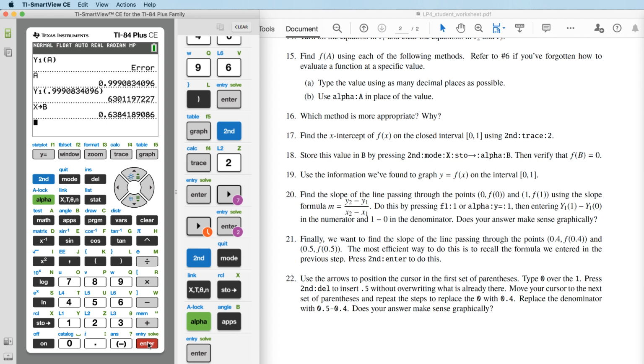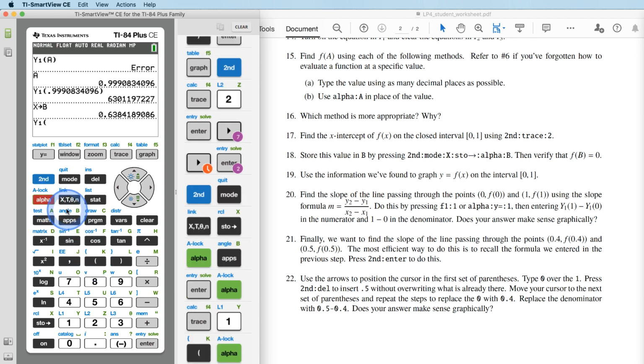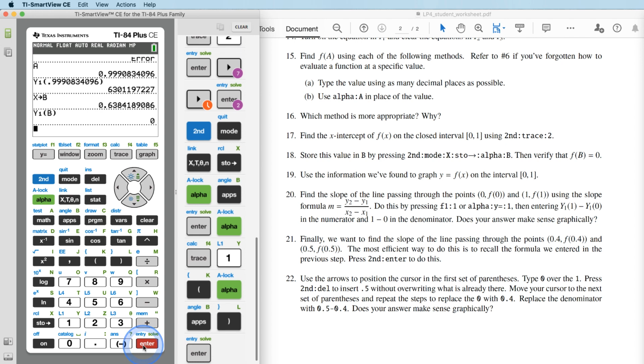Now let's verify f of b equals 0. So we'll bring up y1. I'm going to go into the F4 menu. y1 of b, enter, and it is in fact 0. So now we have our x-intercept that we can add to the sketch of f of x.